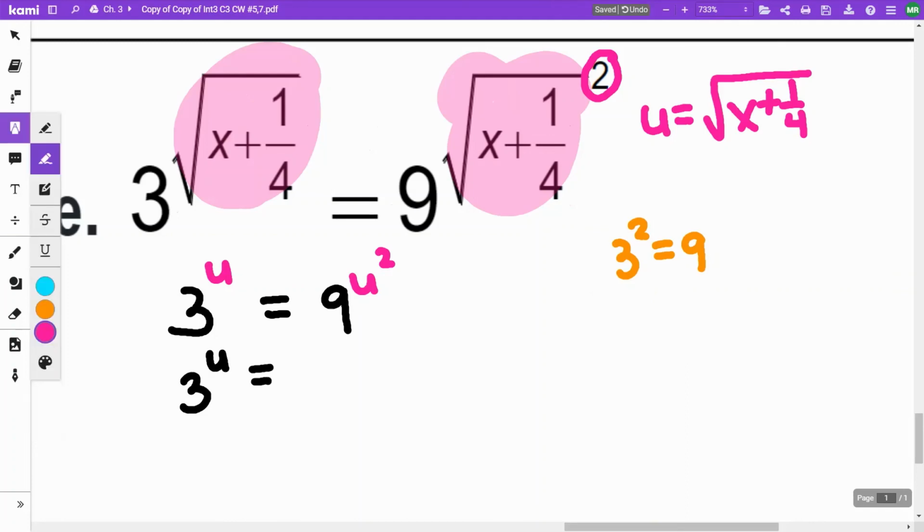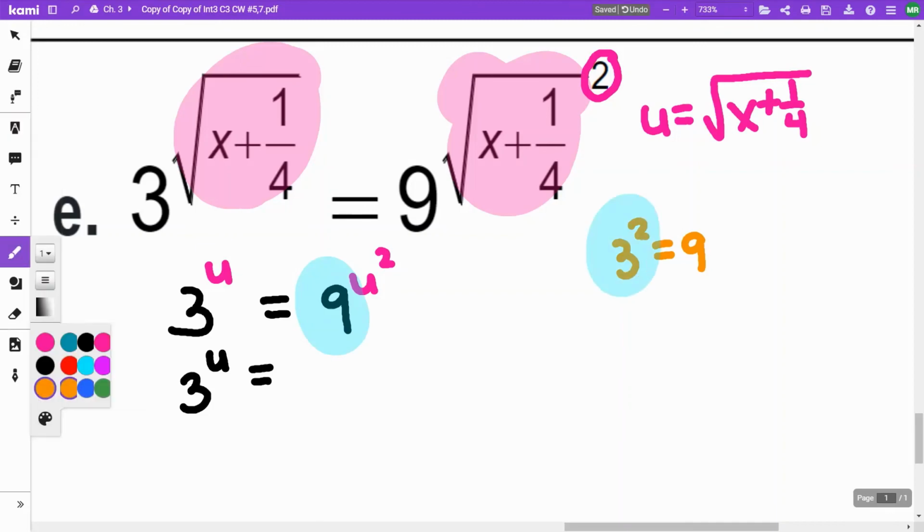This 9 is really going to be rewritten as a 3 squared. So I'm going to rewrite the 9 as 3 squared, and that 9 is really raised to the u squared.